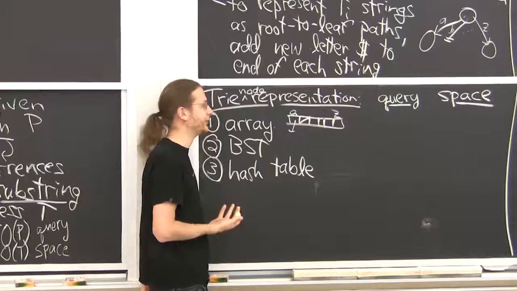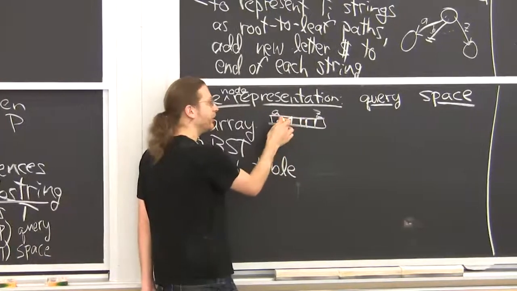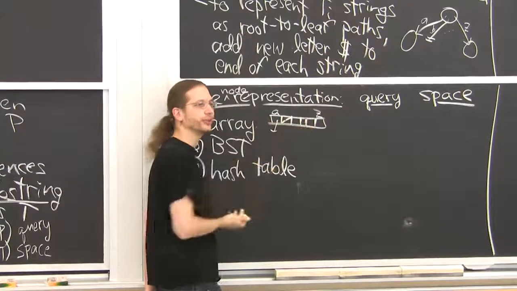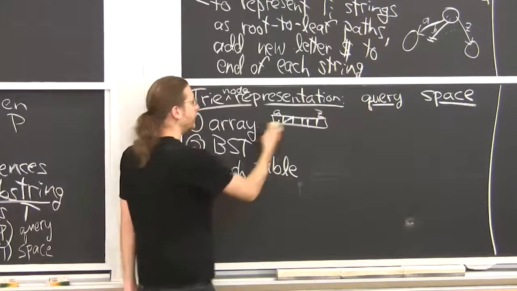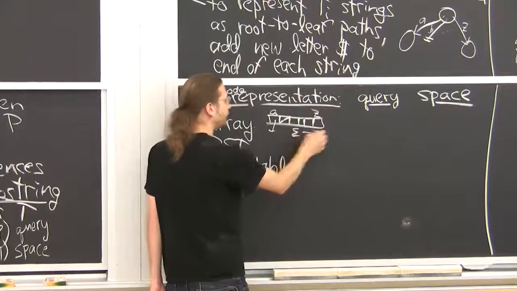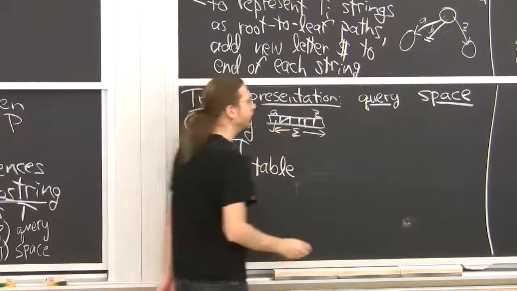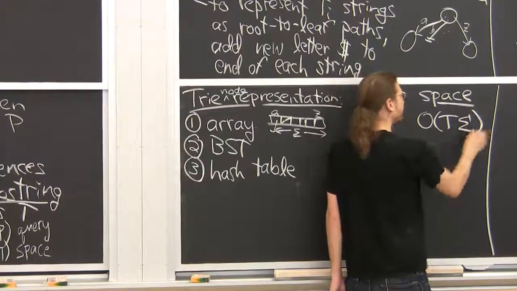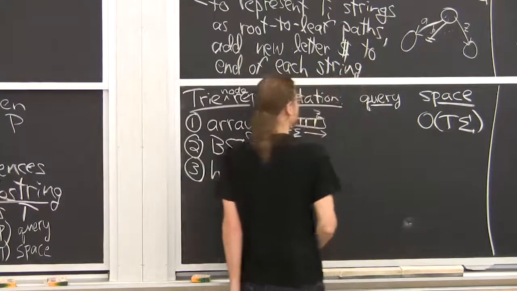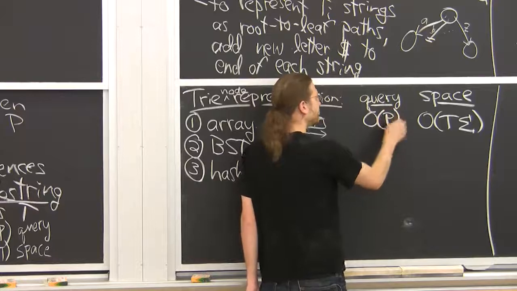Well, this is a static data structure. So for every cell, if it's null, I can store the predecessor and successor in the node, with no more space. This is sigma space per node. And so the amount of space is T sigma, which is not so great. But the query is fast. Query is order P time.